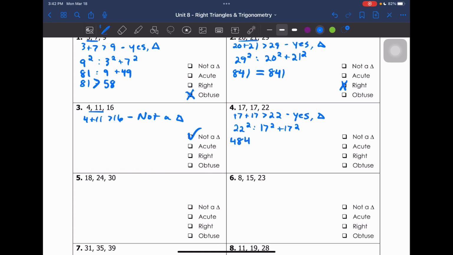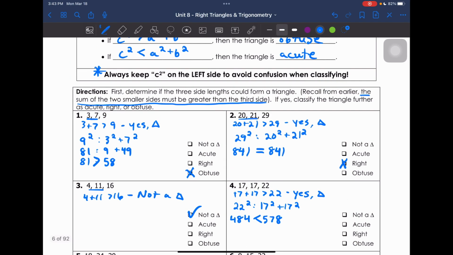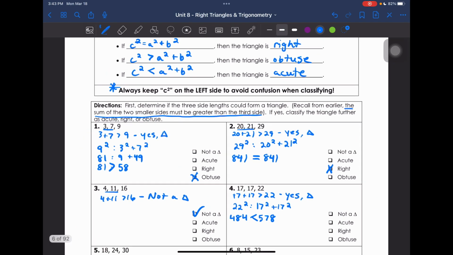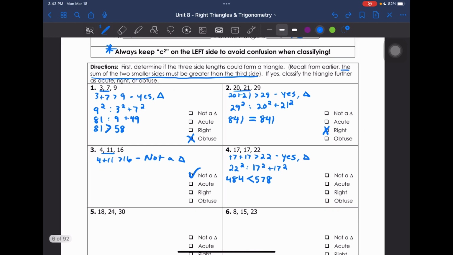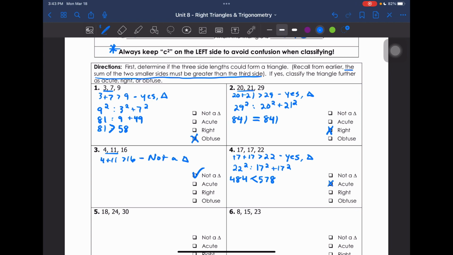And then 17 squared plus 17 squared is 578. So this actually ends up being larger. And if c squared is less than a squared plus b squared, like here, we have an acute triangle. So that's what we're going to check off here, right there.